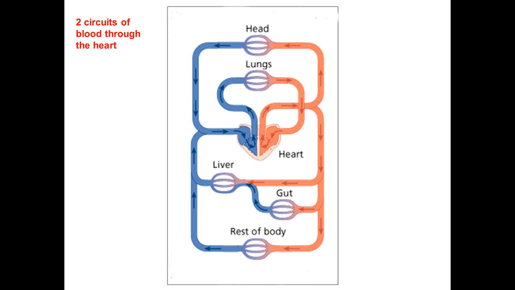There is one loop that goes from the heart, from the right side of the heart here, to the lungs, and back again. And the other loop goes from the heart to the rest of the body. So we have like a pulmonary loop to the lungs, and we have the systemic loop to the body.